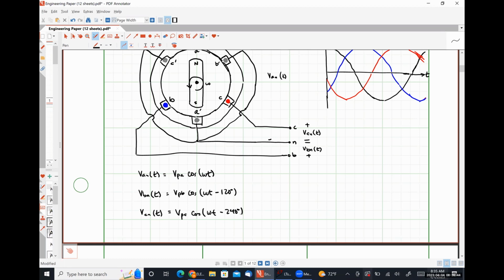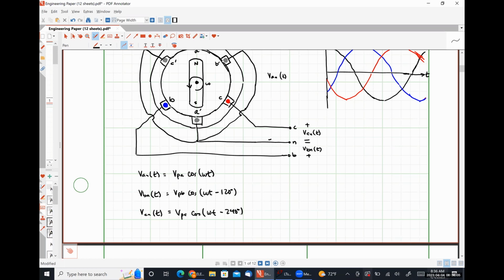So let's talk about this VPA, VPB, and VPC thing here, okay? So ideally, these would all be the exact same voltages so that we would have identical voltages just shifted by 120 degrees on each phase. So how can we make these voltages identical?